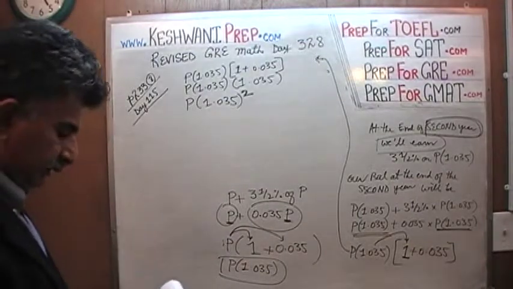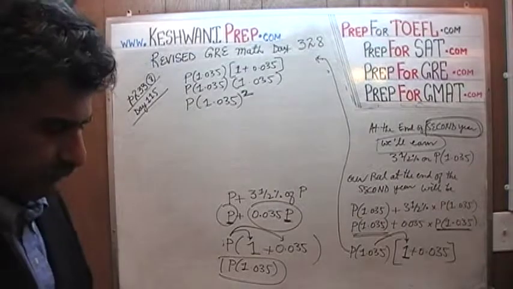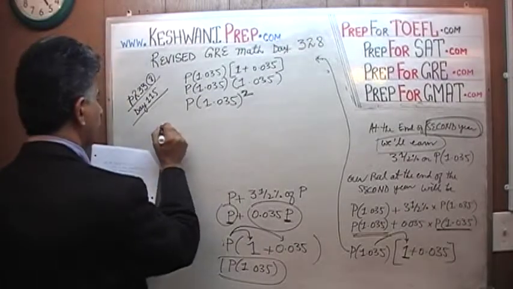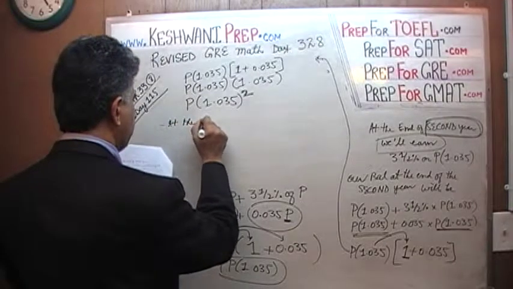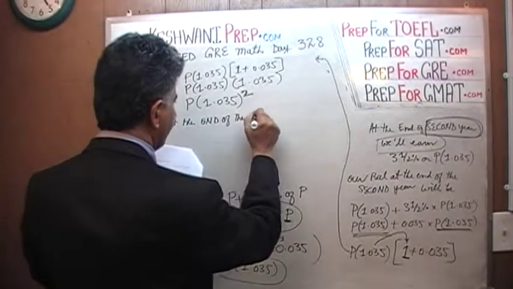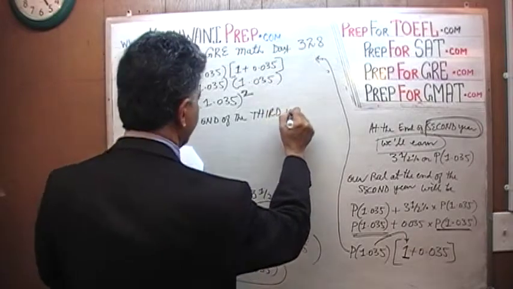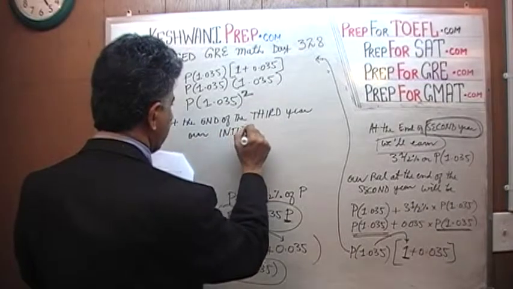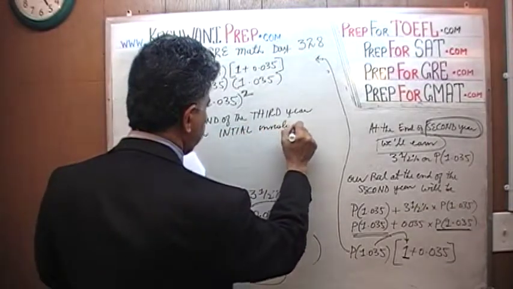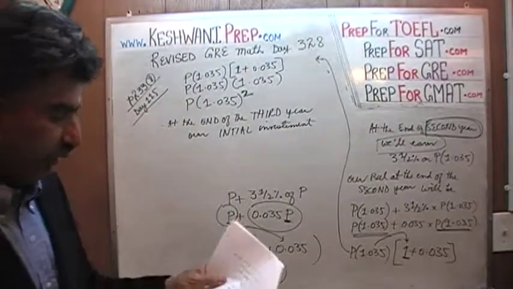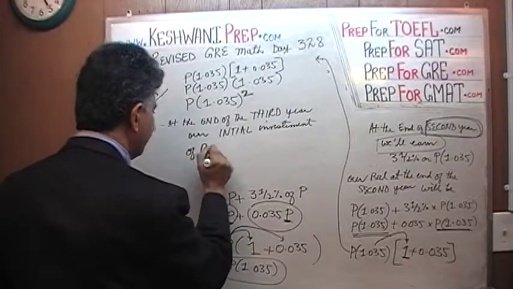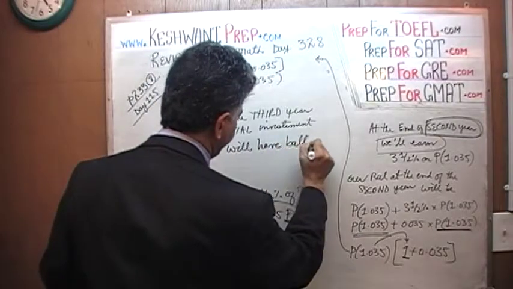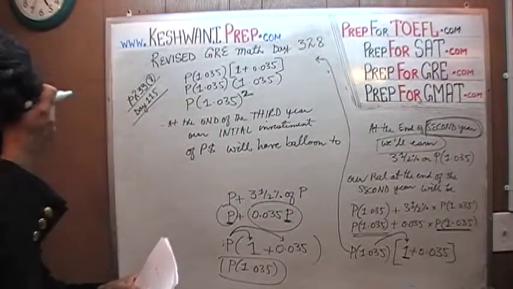Our balance at the end of the third year, our initial investment of $P will have ballooned to how much?